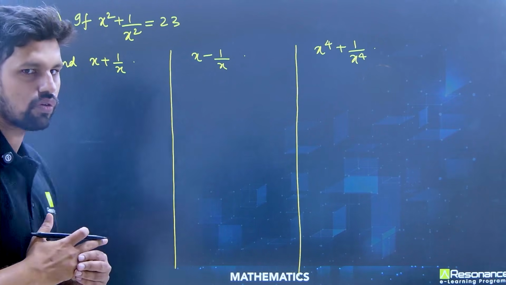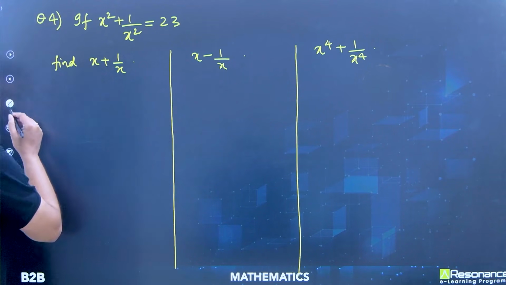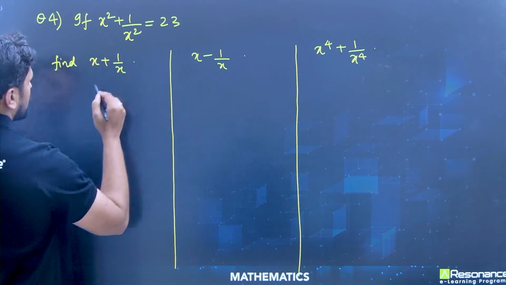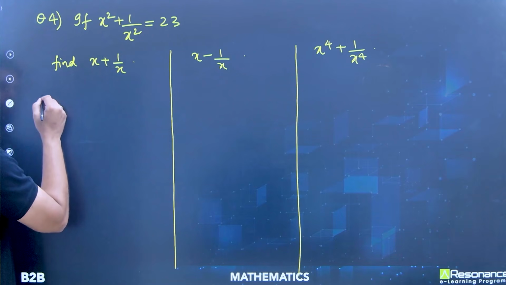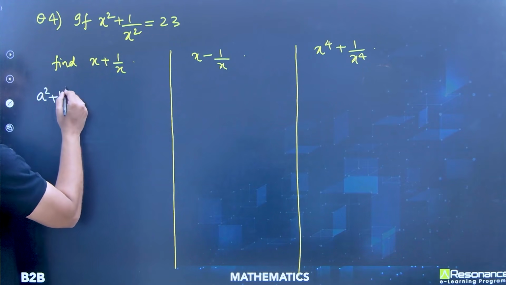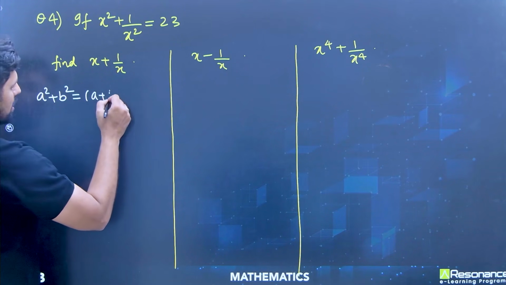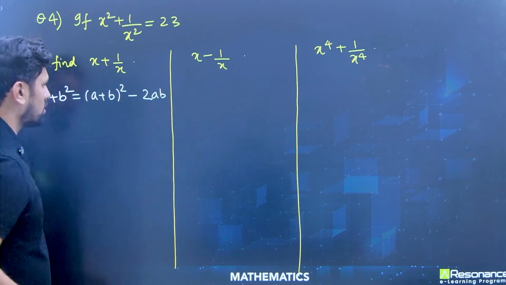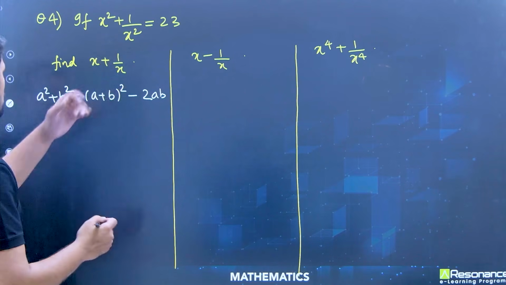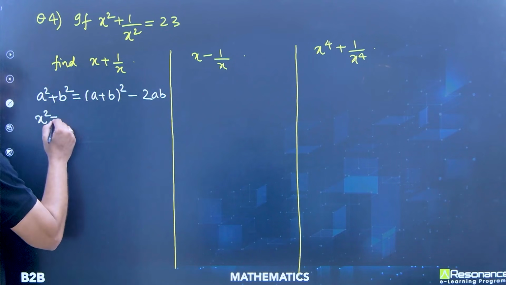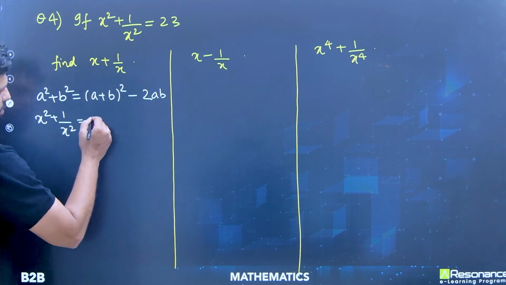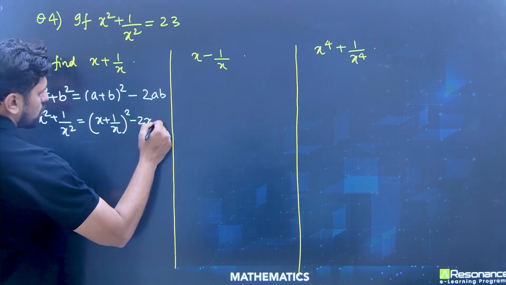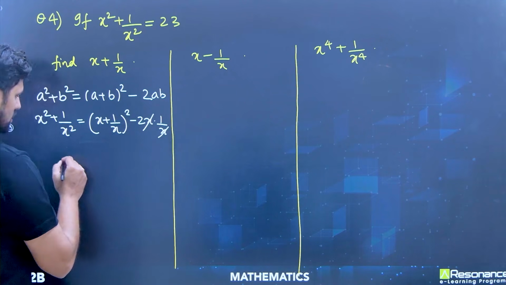Oh, x plus 1 upon x we are getting as 5. Let's solve it. See here, a square plus b square can be written as a plus b whole square minus 2ab. We have already done this thing. So x square plus 1 by x square will be equal to x plus 1 by x whole square minus 2 into x into 1 by x.